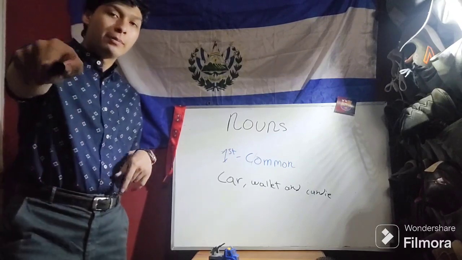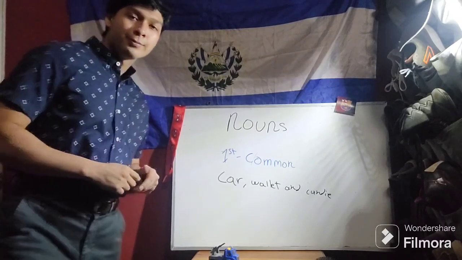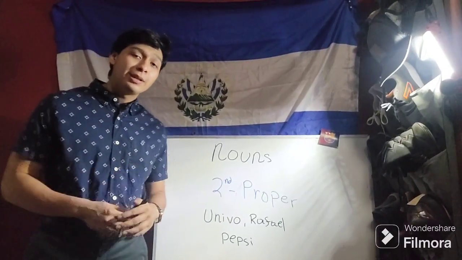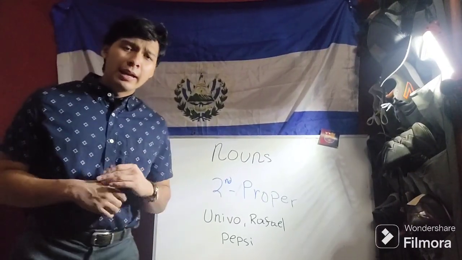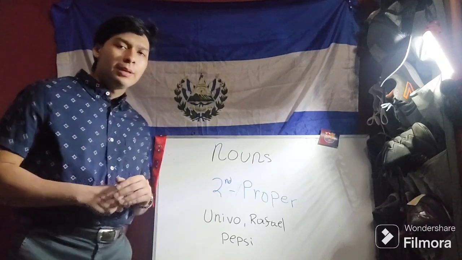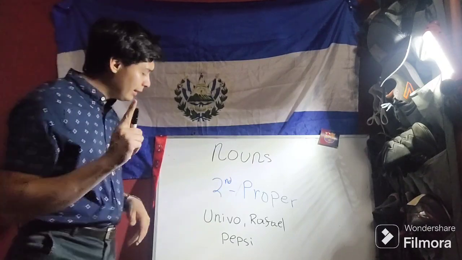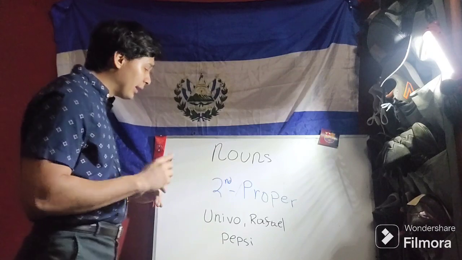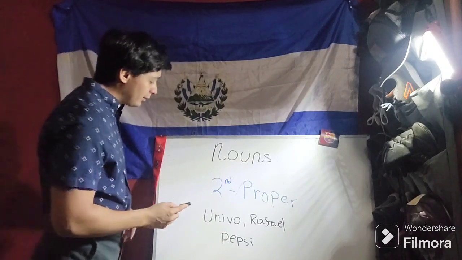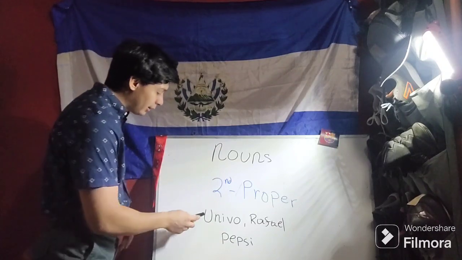We're going to learn more about the proper noun. The second classification is the proper noun. A better way to identify a proper noun is very simple. You can identify them because they start with a capital letter.